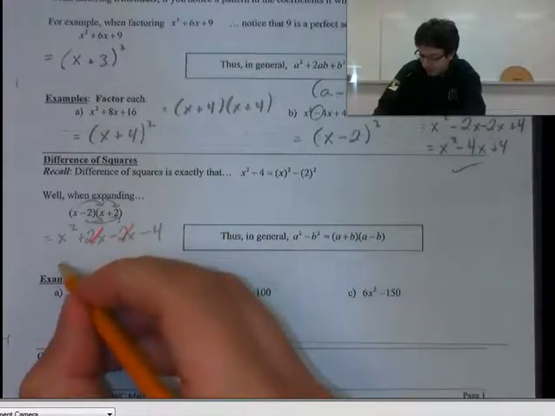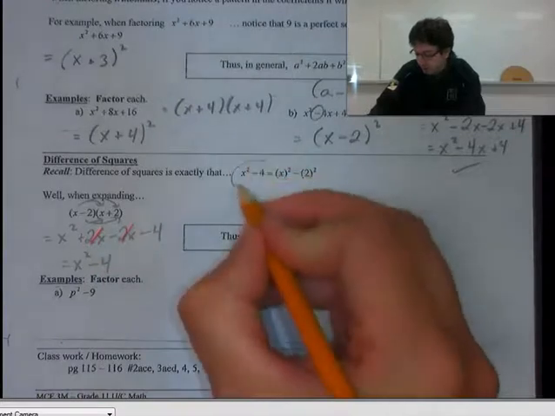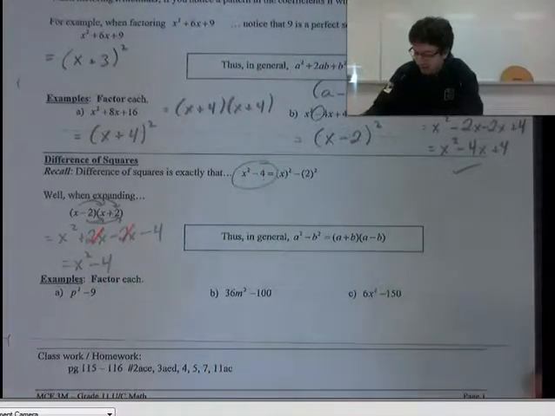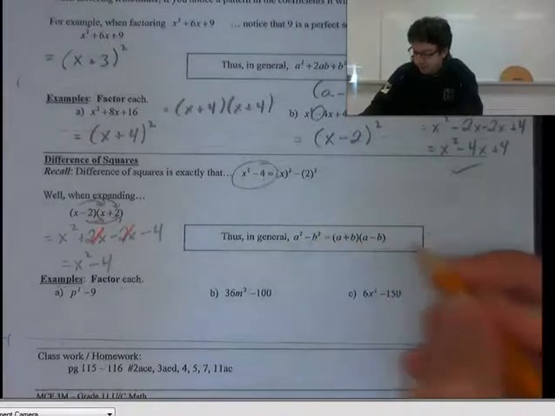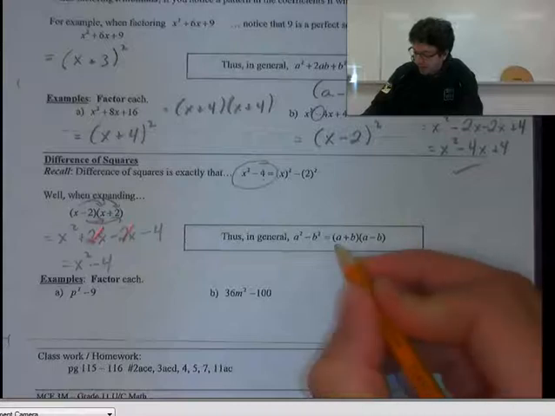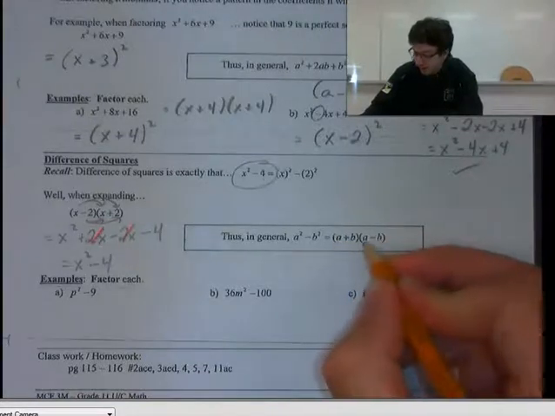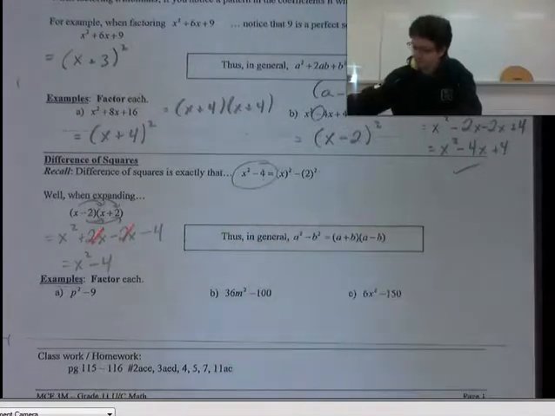So you're just left with x squared minus 4, right? Which is what this is. So this leads to this general statement where if you have a squared minus b squared, expanding that or factoring, it's a plus b and a minus b. Right? You can go back and forth either way.